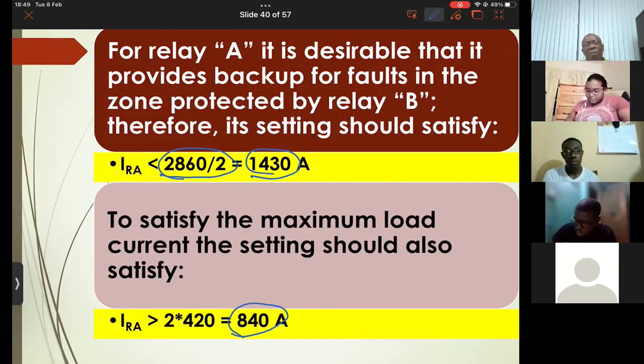Okay. Now, based on the settings that I have there, what would then be the maximum that I can get in terms of the relay current, the relay setting current? Look at what we have just calculated. But you also are now restricted by what the relays are able to operate at.